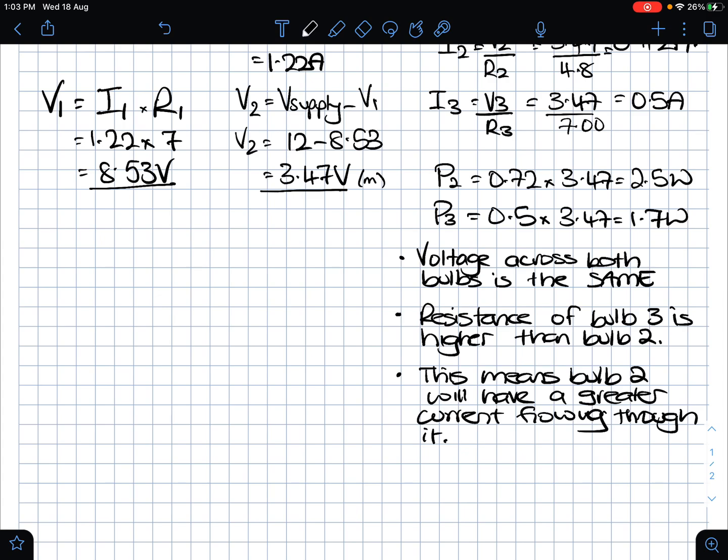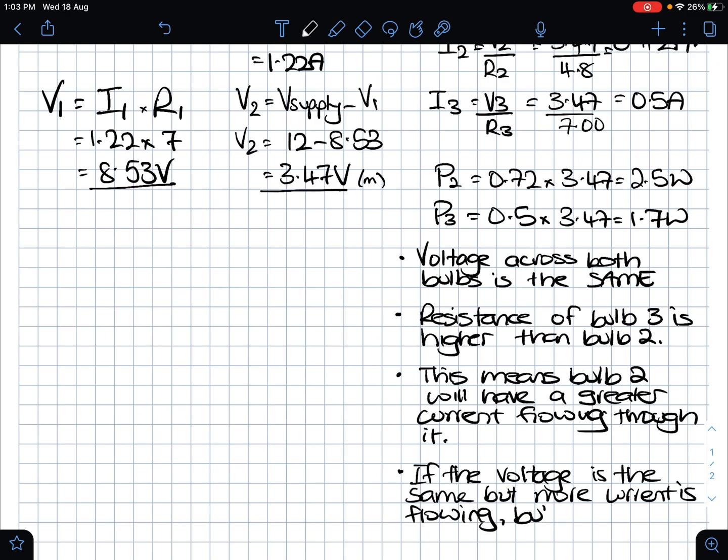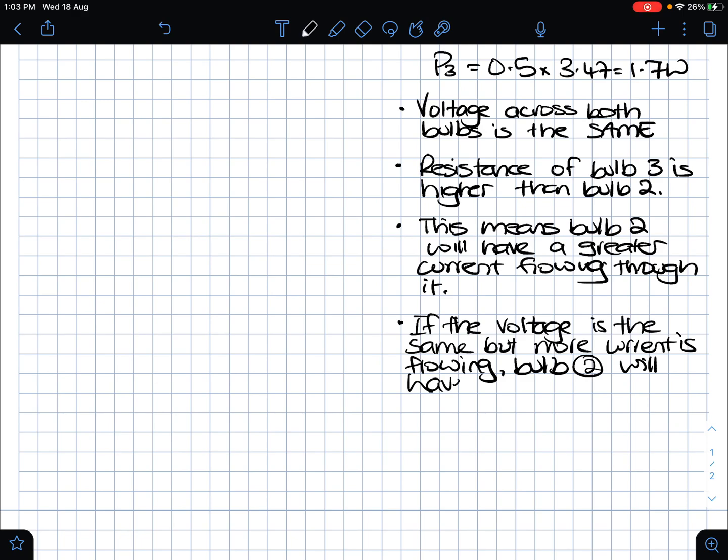Okay, R, I, and the last one, P. If the voltage is the same, but more current is flowing, bulb 2 will have a higher power output because P equals IV, with V being the same and I is greater, so P is going to be greater.